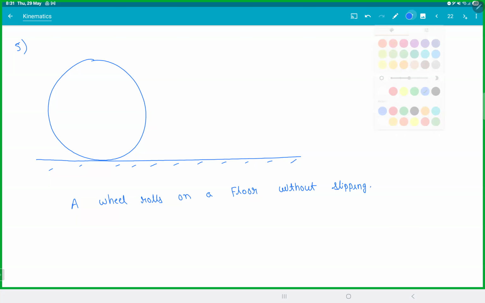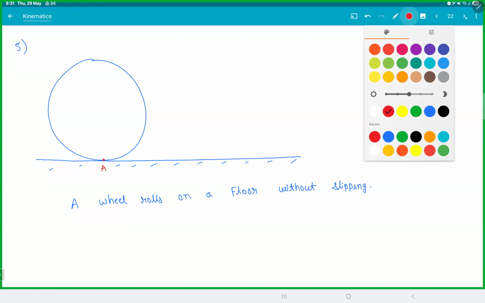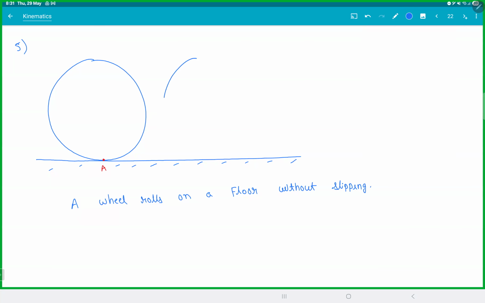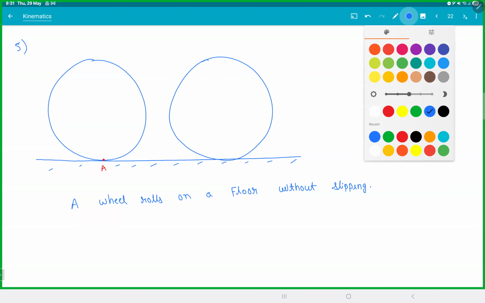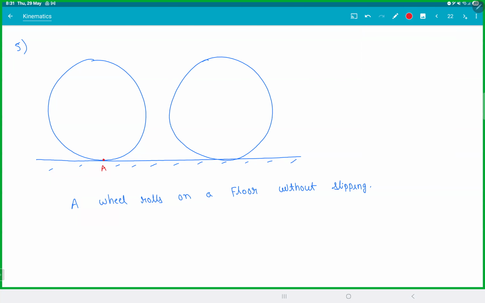We have done this in vectors, if you remember. A is the bottommost point. R is the radius. So when this wheel rolls forward a bit, the point A comes somewhere here. Find the distance traveled by point A when the wheel rotates by an angle theta.